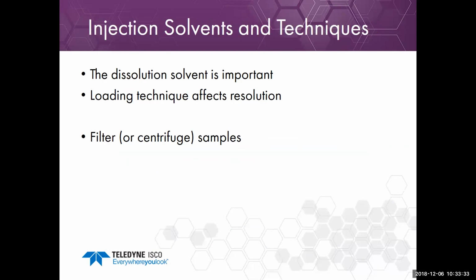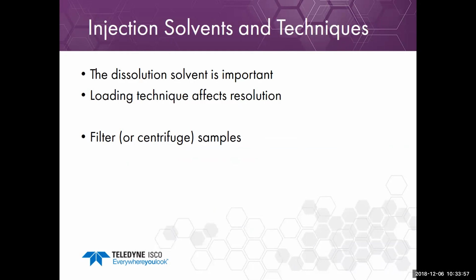Injection solvents, what you dissolve your sample in, is very important, and how you load the sample affects the resolution. It's very important to filter or centrifuge your sample. The frits on the top of the column are very fine, and if you don't filter or centrifuge your sample, particles can clog the frit, and they're very difficult to clean.